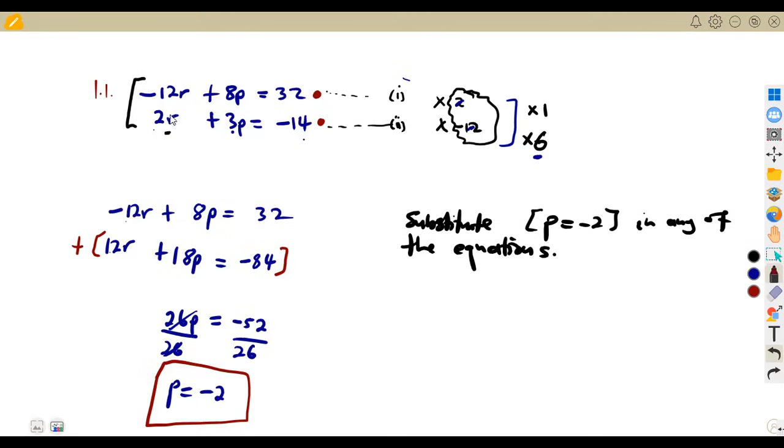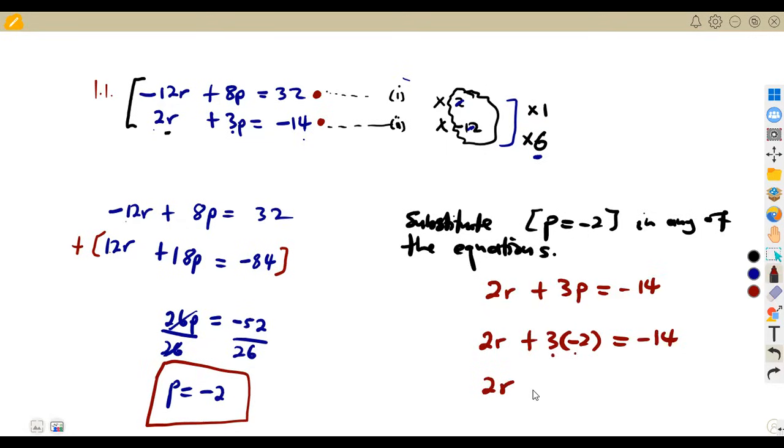So here I'm going to choose equation 2, which is 2R plus 3P is equal to minus 14. I can substitute my P, so it is 2R plus 3 times our P, being negative 2, is equal to minus 14. So that is 2R, 3 times negative 2 is negative 6, equal to negative 14.